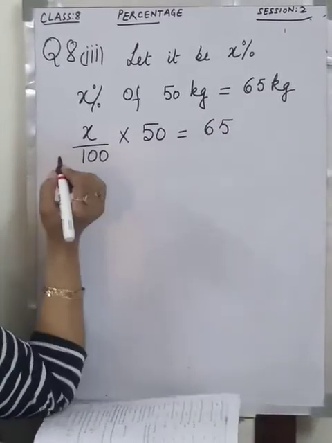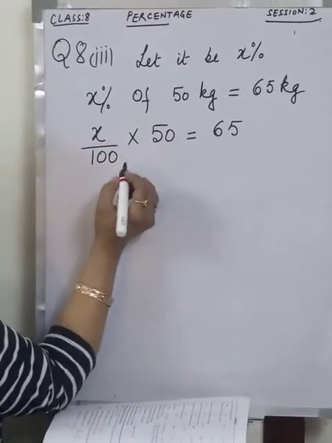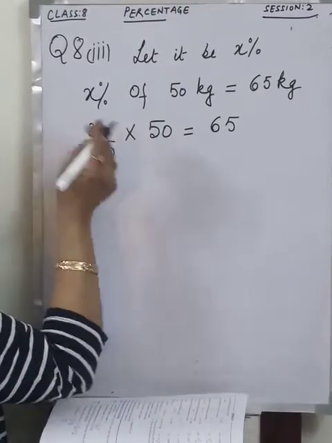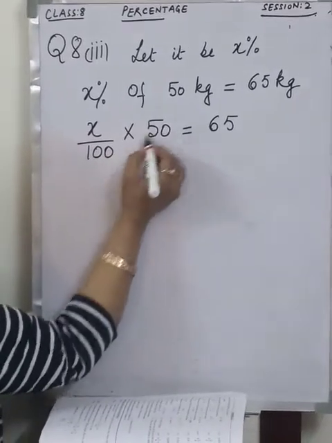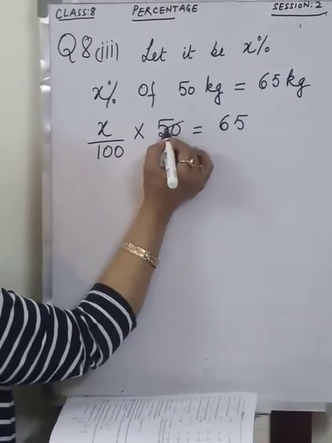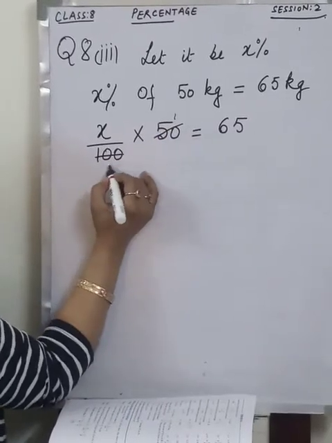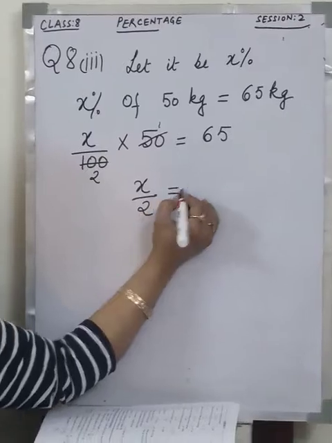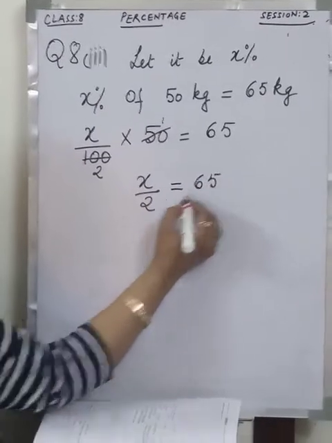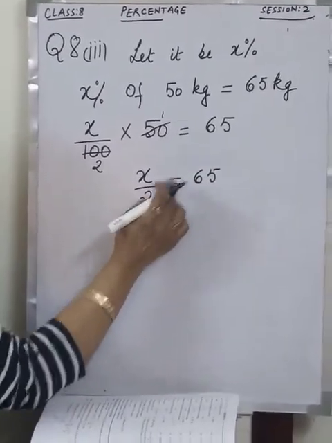Now we solve it by transposing, by writing the variable on one side and the constant on the other side. Firstly we can cancel 50 and 100. 50 ones are 50, 50 twos are 100. What we get? X upon 2 is equal to 65. Now I transpose 2 to the other side.